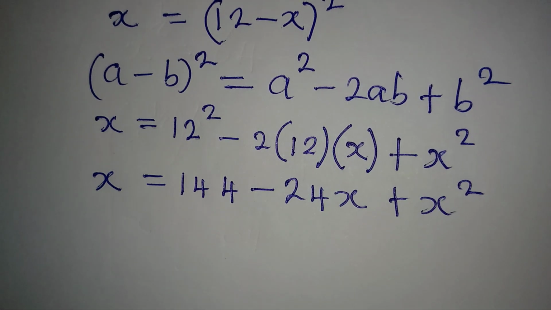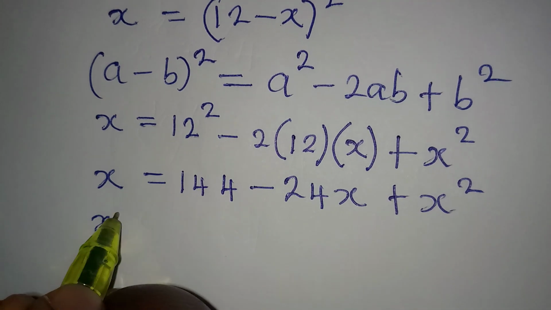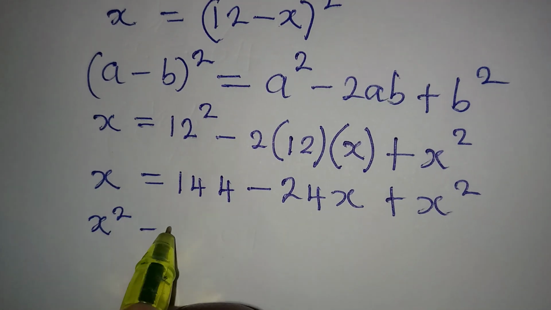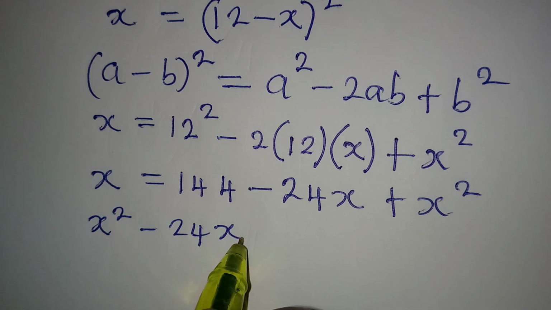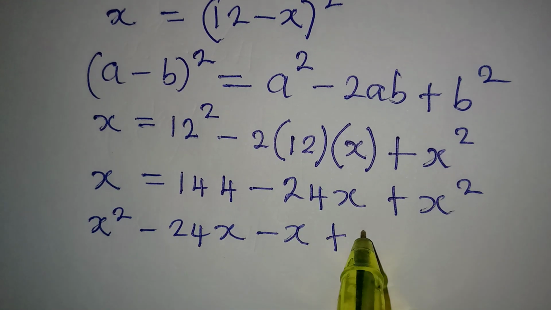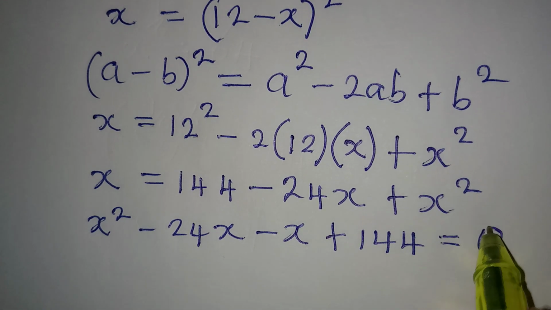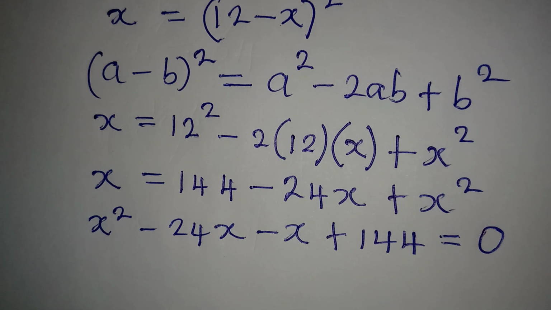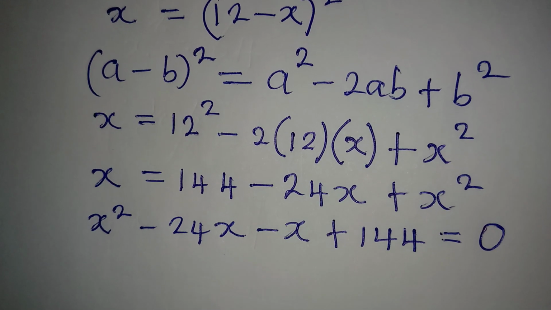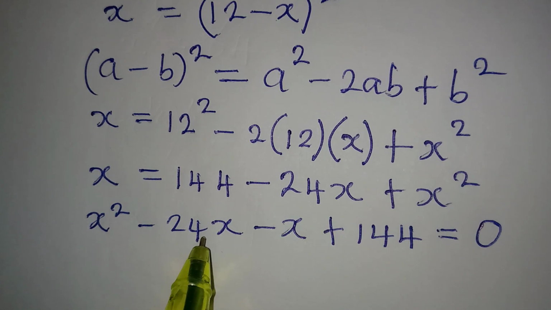At this point, we are having a quadratic equation, but there will be need for us to arrange it properly. So I'll write x squared first, then minus 24x is coming over, minus x is over there, then plus 144. This will be equal to 0. I'm going to explain this better. Remember, x squared is coming over, minus 24x is here.